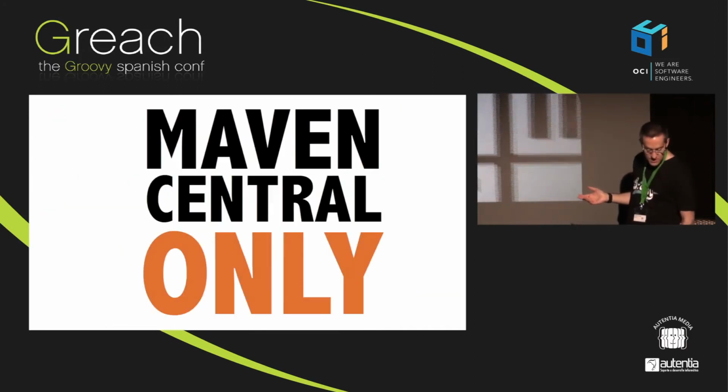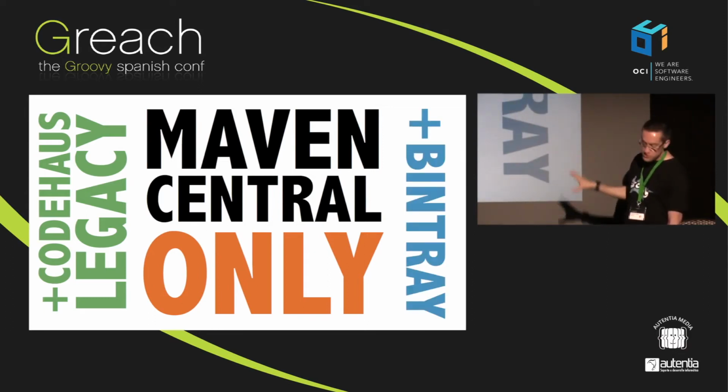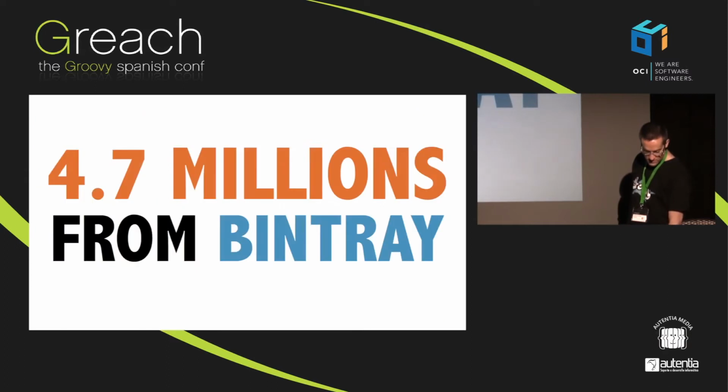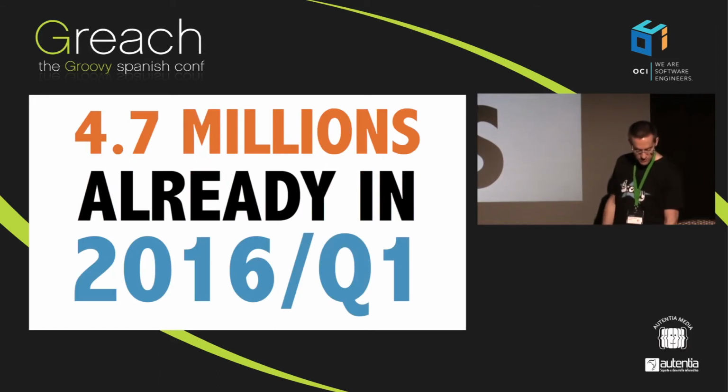I don't have the full numbers because I lost a bit of stats from Codehaus. But if you add Bintray on top of that, because we're on both Bintray and Maven Central, 4.7 million from Bintray makes a total of 12.7 million downloads of Groovy, which is quite big compared to the previous year.